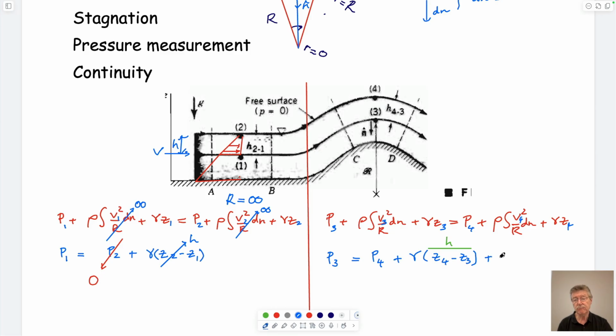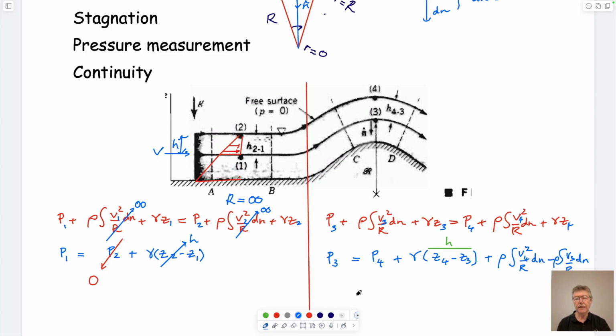And plus rho integral V4 squared over R dn, kind of a long one, minus integral V3 squared over R, there's a rho in there, and there's a dn.